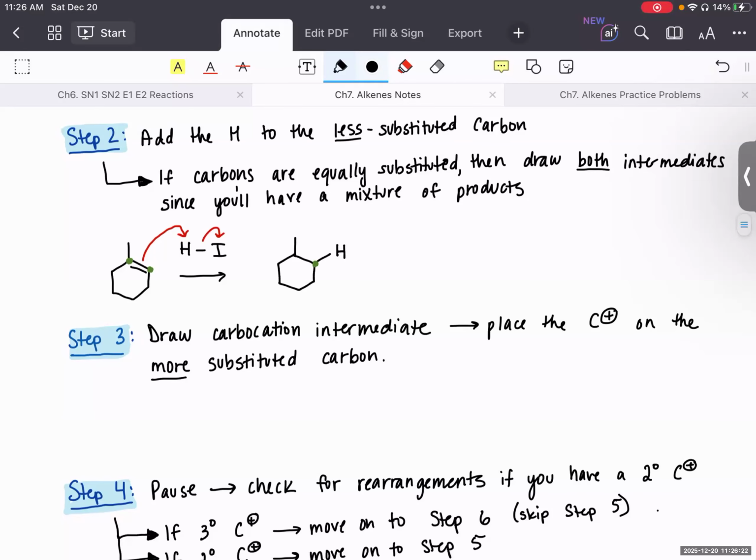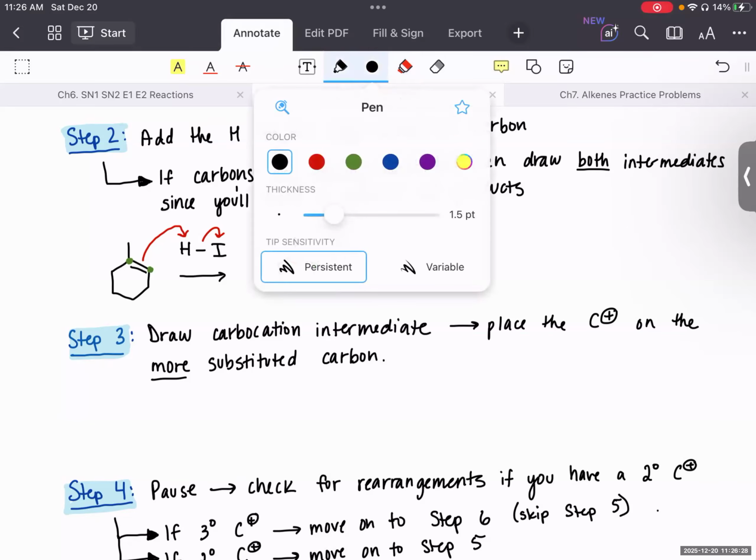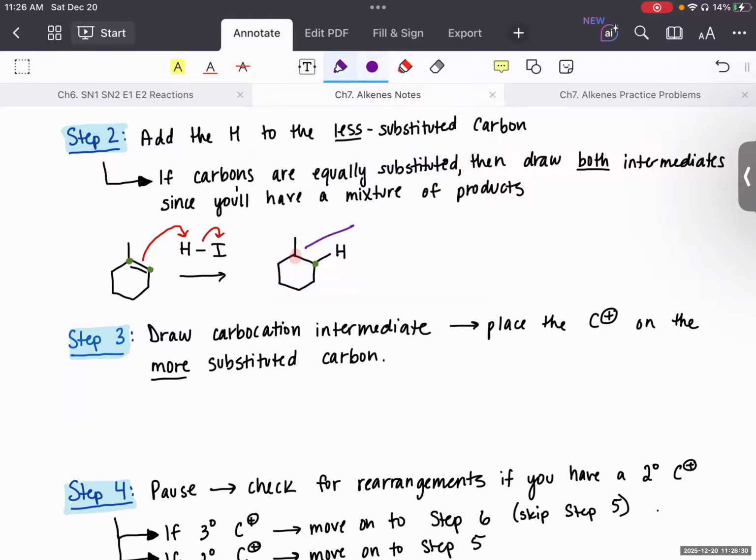And then we're not quite done yet with this step, because this carbon that I just highlighted in red doesn't have 4 bonds. Because we initially had that double bond there, we're missing a pair of electrons there.